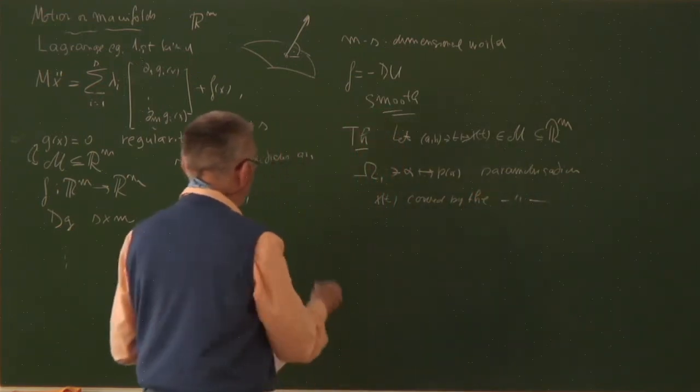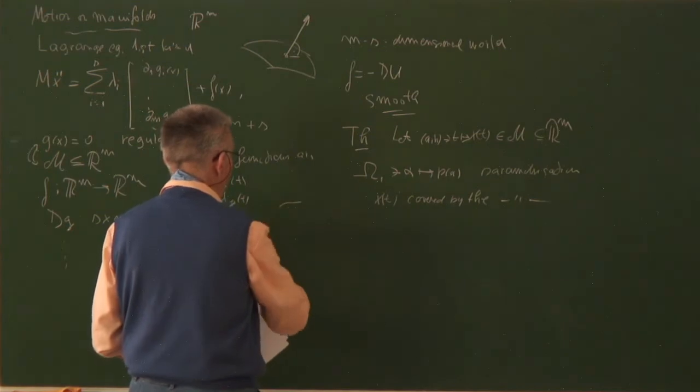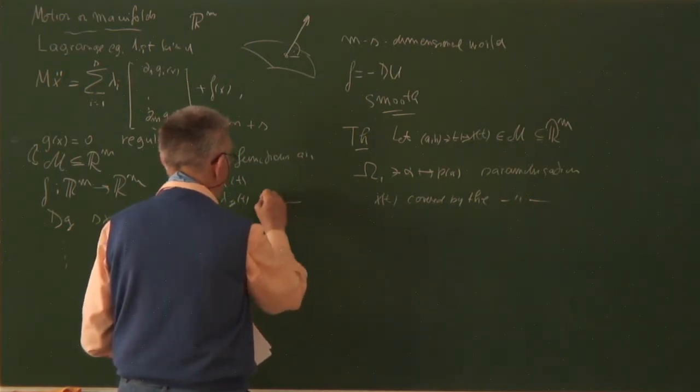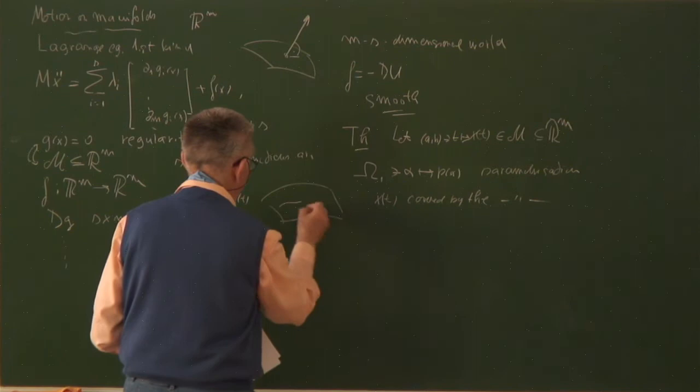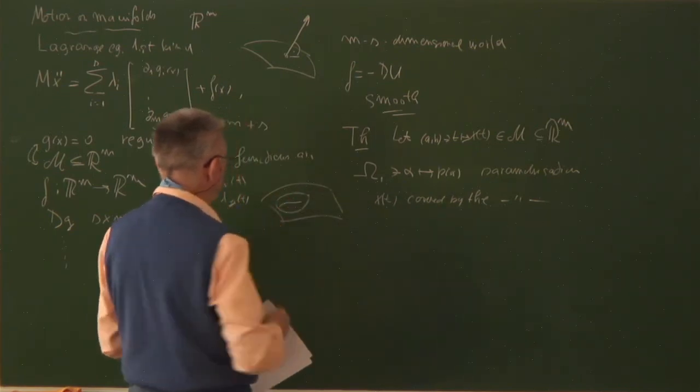That means you have a movement on the manifold, and you have a parameterization which covers this one.